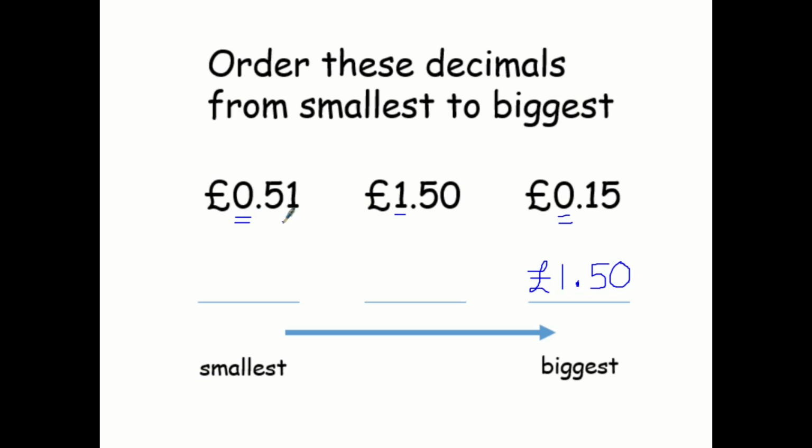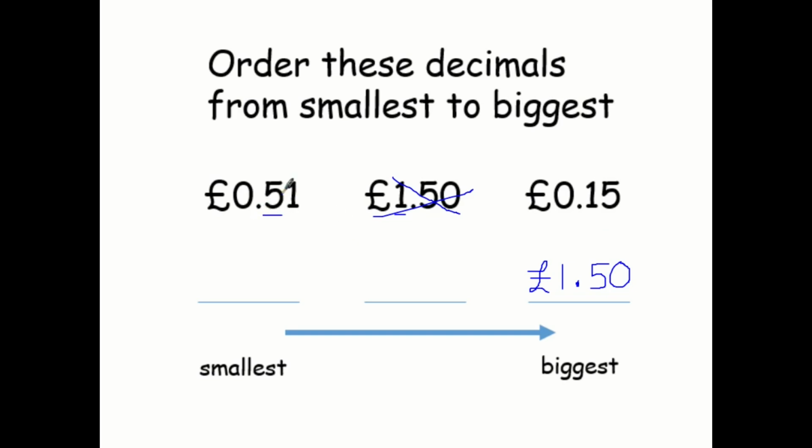But now how do I distinguish between the two that are left? How do I distinguish between this number, 0.51 or 51 pence, and this one, 0.15 or 15 pence? Well, I then have to look at the next column. So I'm not looking at the units column anymore. I'm now going to look at this column.